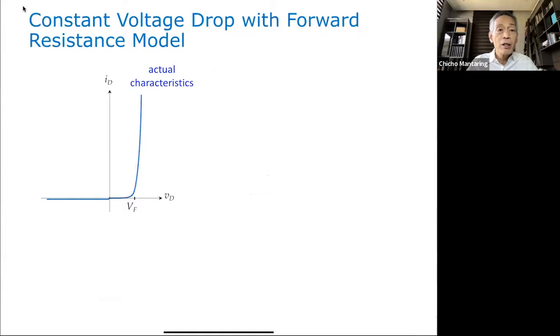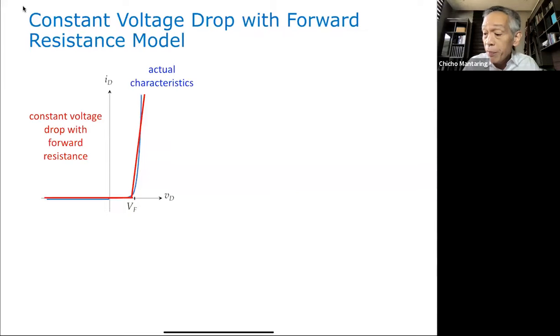Okay, our third model. This is the constant voltage drop with forward resistance model. Again, the starting point is the actual characteristics. What will my model look like? Okay, this time I have a voltage drop.